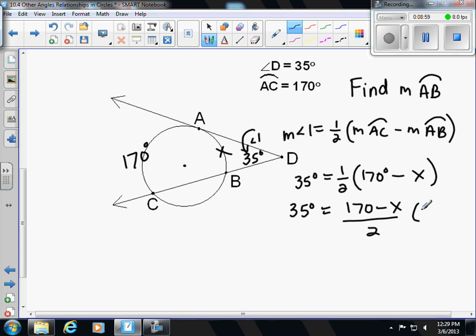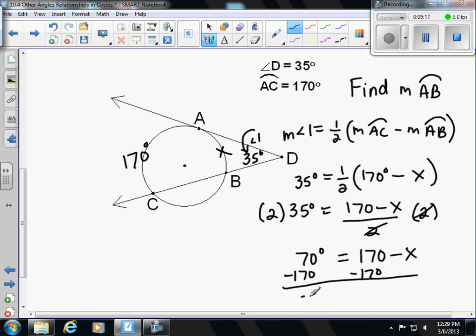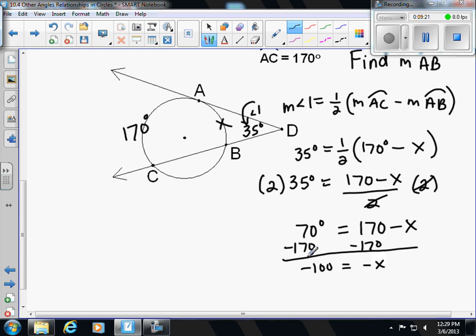So when we go to solve it, we have to multiply each side by 2, and the 2's will cancel. So we end up with 70 degrees equals 170 minus X. To solve for X, subtract 170 from each side. So we end up with negative 100 is equal to negative X. And lastly, that means that X is going to have to be 100 degrees. So our missing arc, the measure of arc AB, is 100 degrees.